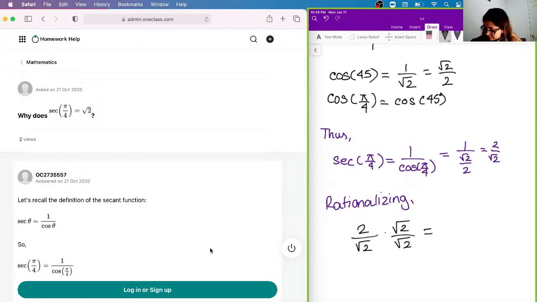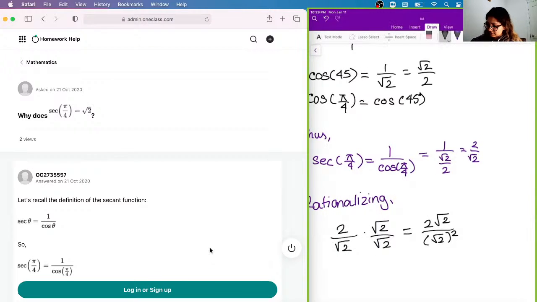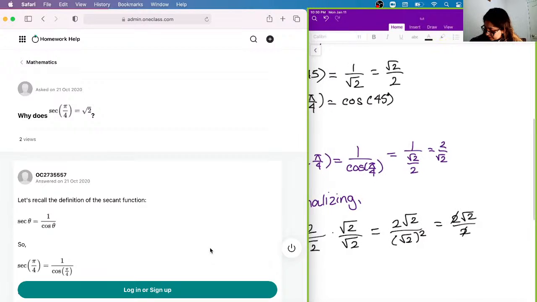And what we have is 2 square root of 2 on top. If you have the same square root multiplying each other, you basically have a square, and since the square and the square root are inverses of each other, they cancel out. And so you basically have 2 square root of 2 over 2. So the 2's will cancel out here, and you're left with square root of 2.